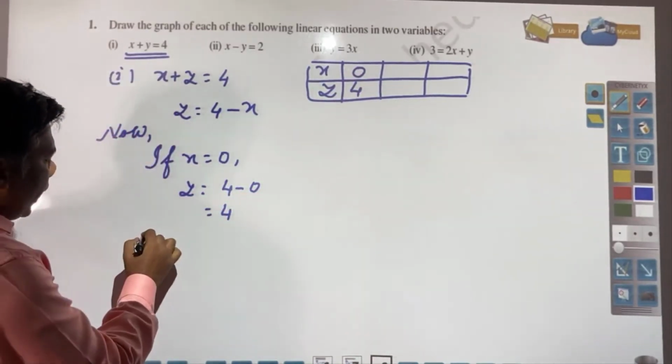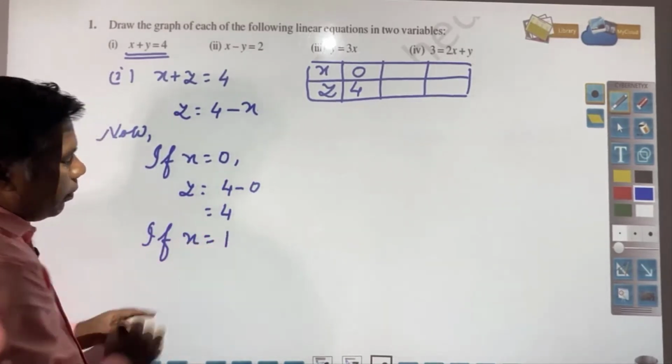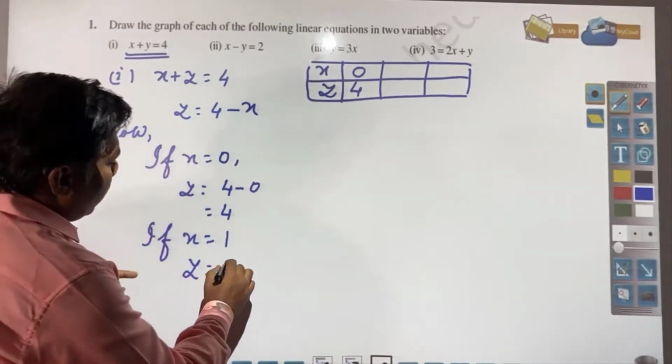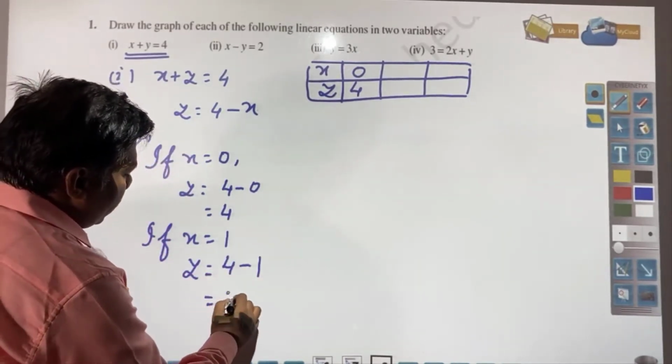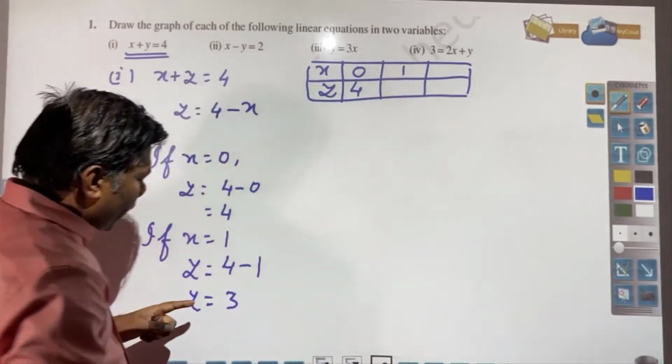Next you assume any other number. Suppose if x is equal to 1, in this case y will be 4 minus 1, it means 3. So when x is equal to 1, you have got y is equal to 3.